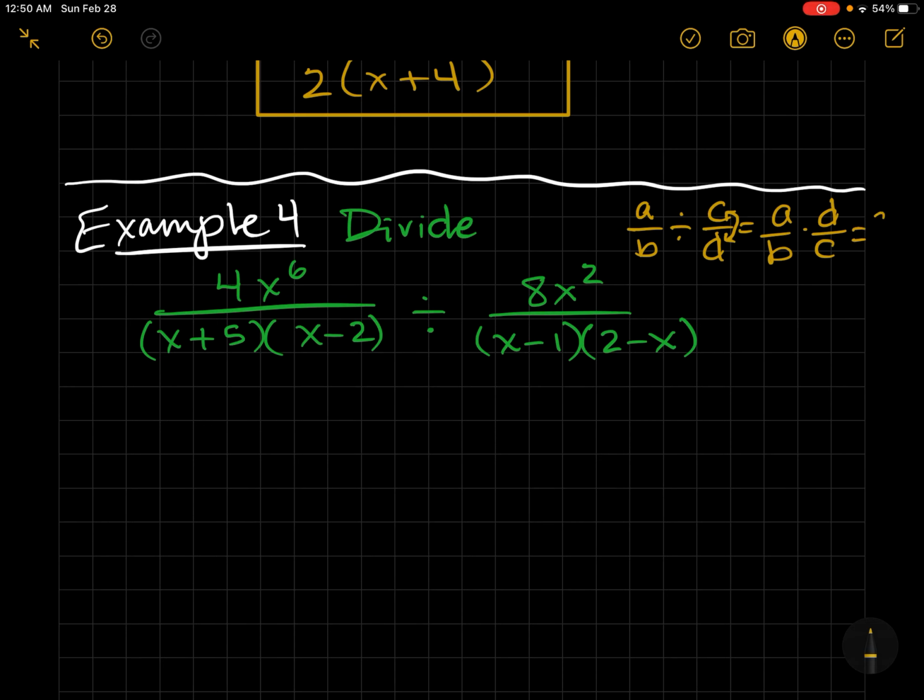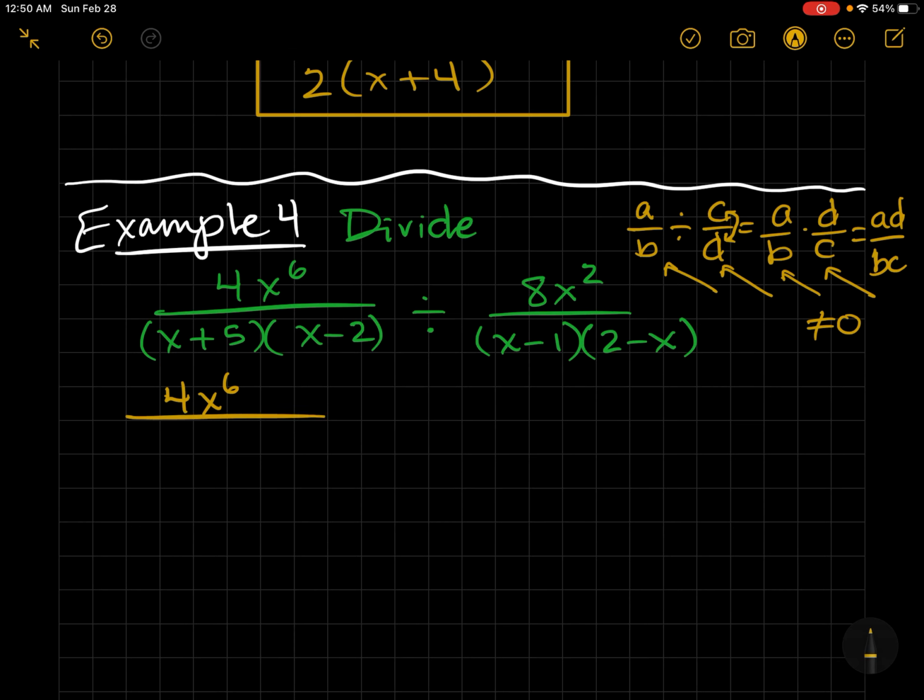You only flip the second one. And so you'd get AD over BC. And again, B and C. As a matter of fact, B, C, or D, anything that's been in the denominator at any point cannot equal 0. Okay, so we would have to quantify all of that if you were asked to restrict the domain. But I didn't ask you to do that, so no worries.